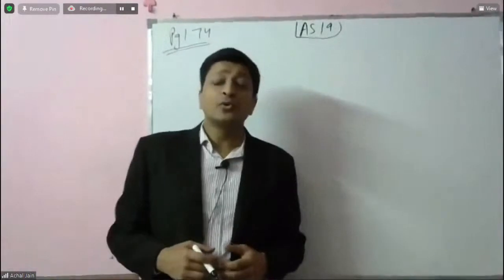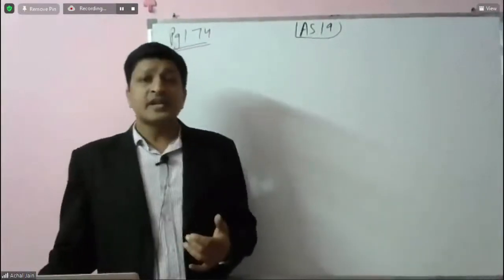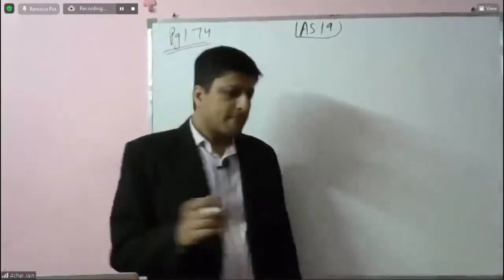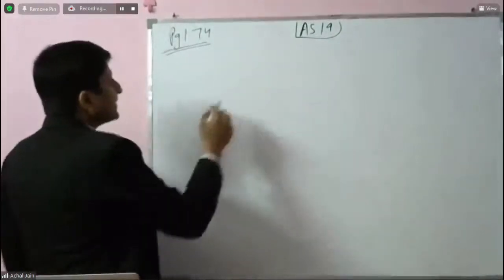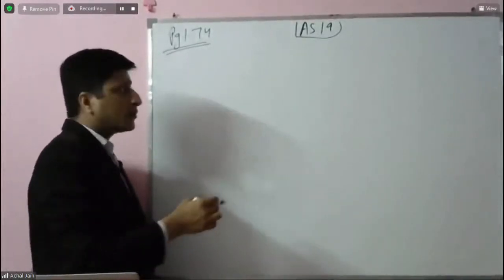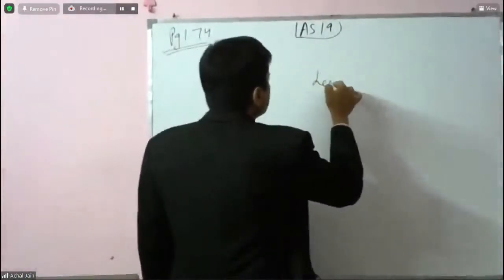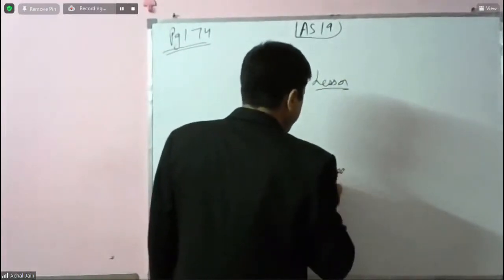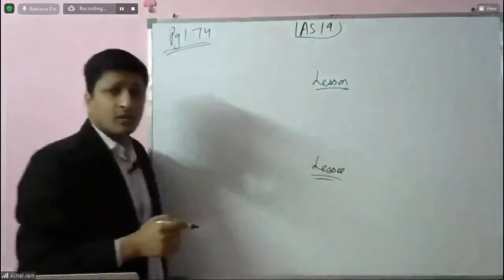This will help you understand how we are moving in this topic. In this topic, there are two parties whose accounting is required to be checked. Lessor and lessee.